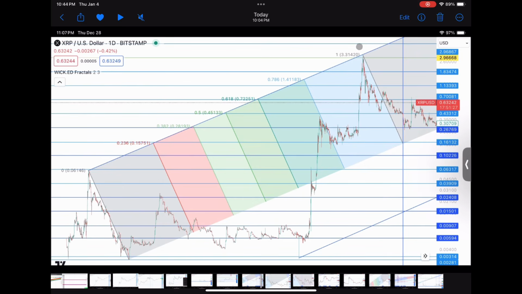It really should have gone all the way up to here, so it still has 1 left over in this market cycle, but it does get the whole entire extension out all the way down here from less than a penny out to $2.96 by measuring the Fibonacci retracements that happened on the chart.